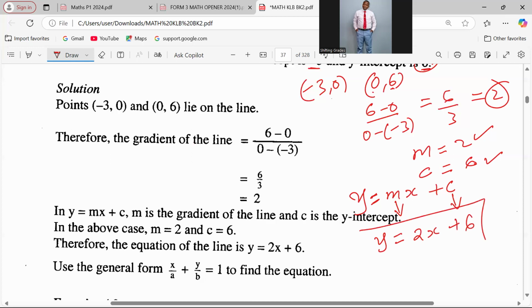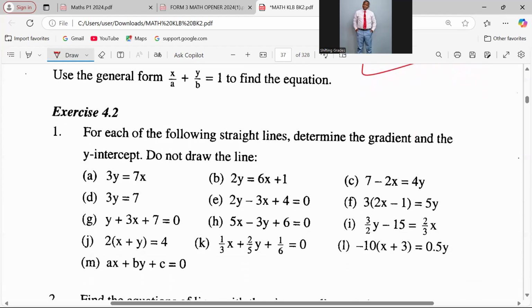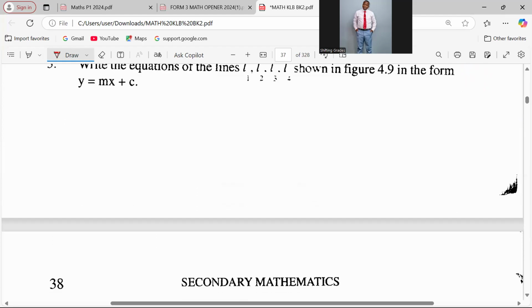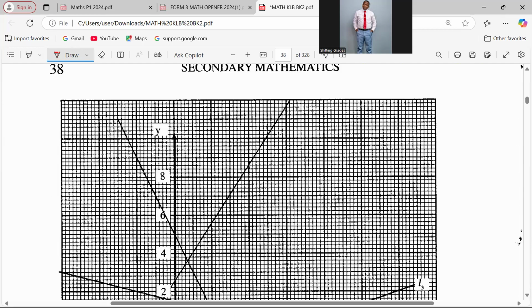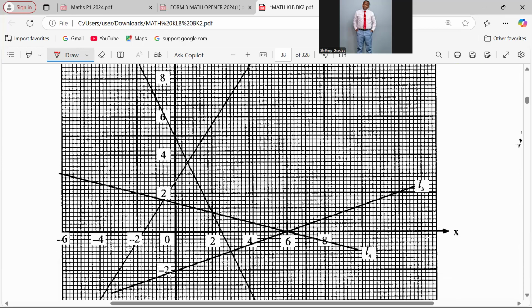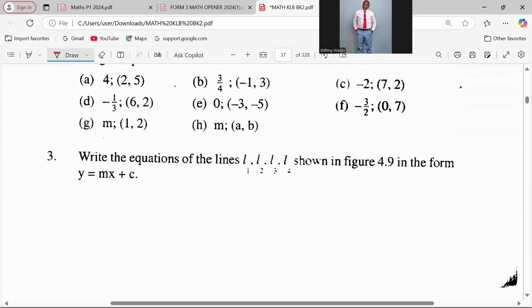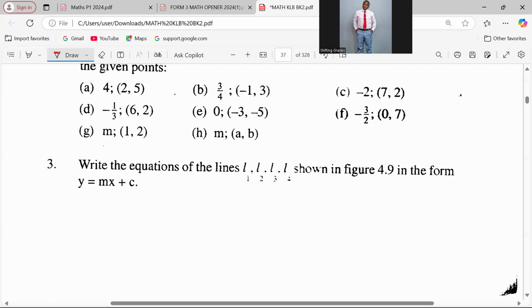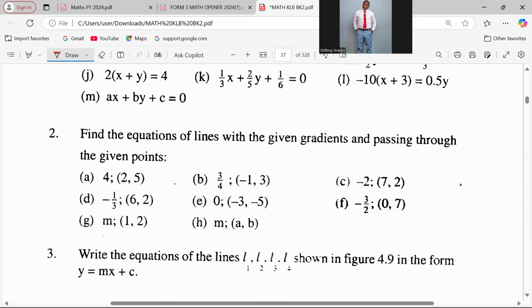This is now the equation for that particular line. You just fix them directly. Even when lines are drawn, you can find equations with a lot of ease, without struggling, because the y-intercept can be read directly.